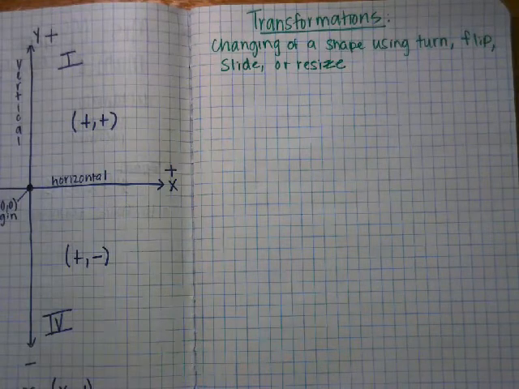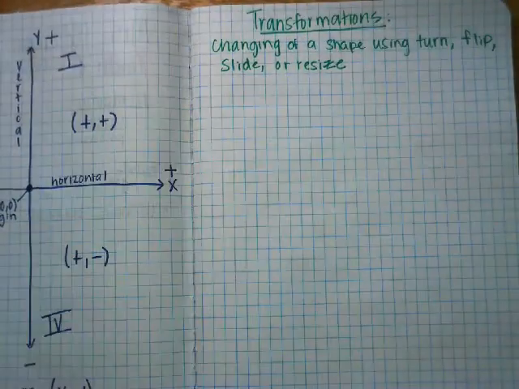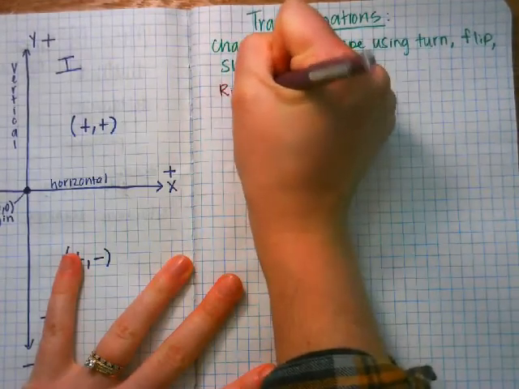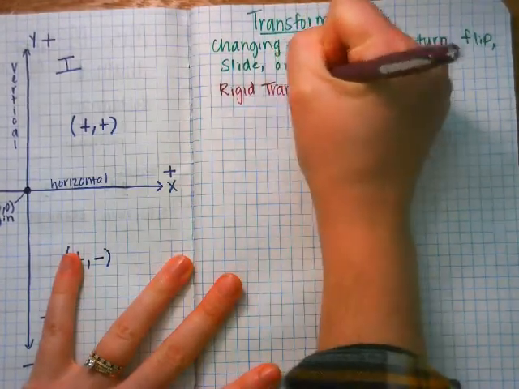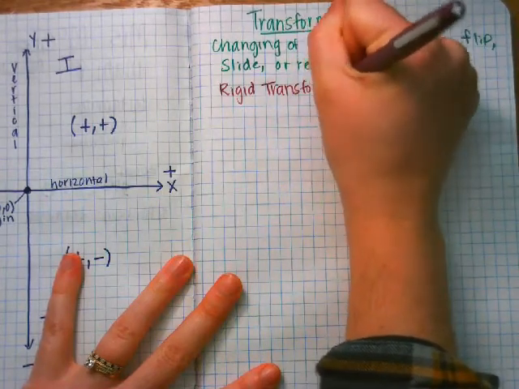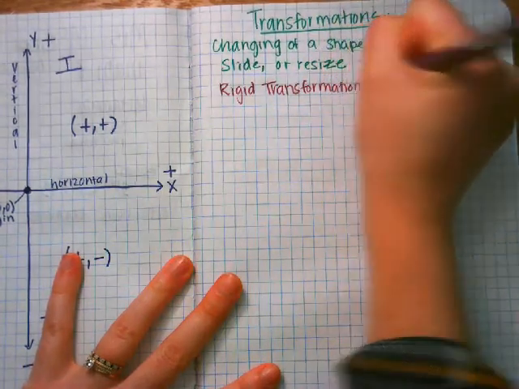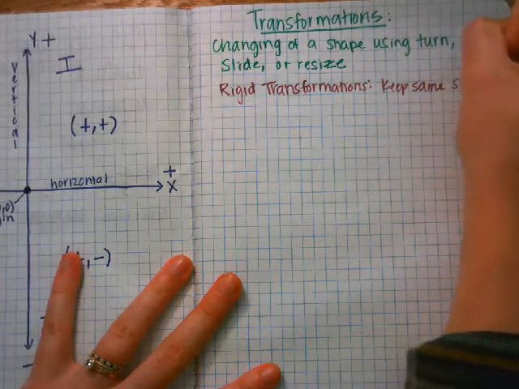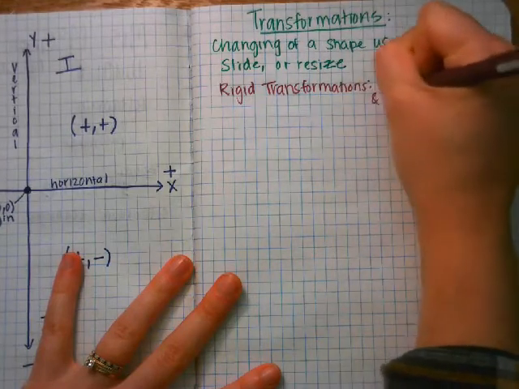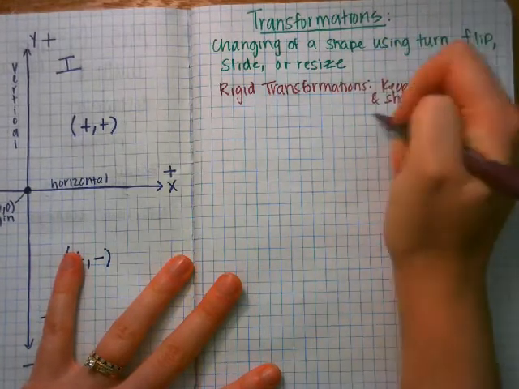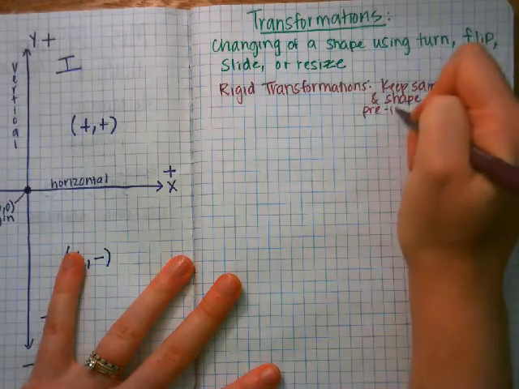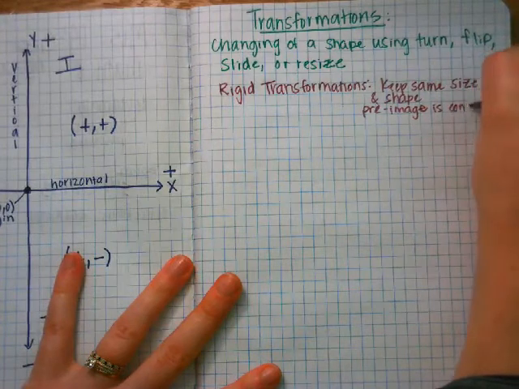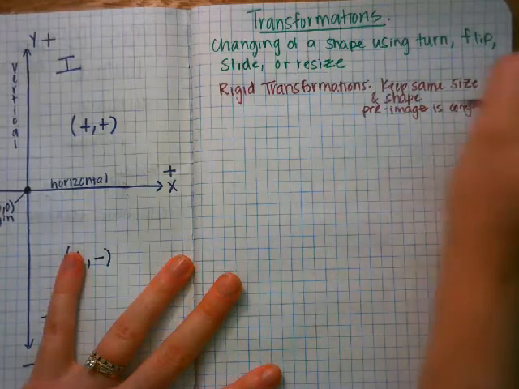So transformations that keep the same size and same shape are called rigid transformations. Okay, so keep same size and shape. And the pre-image is congruent to the image.